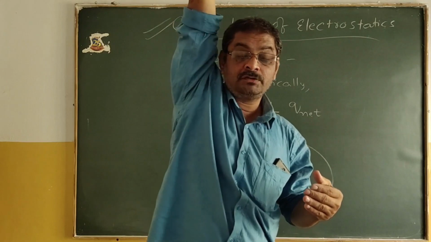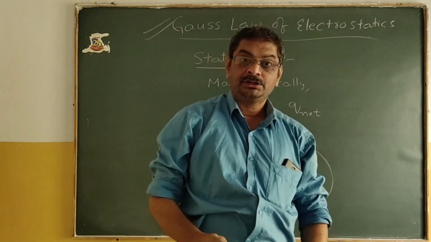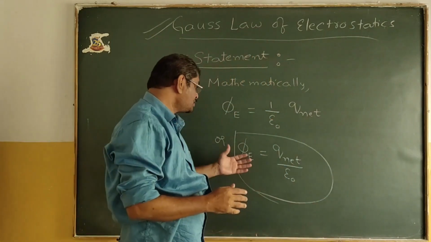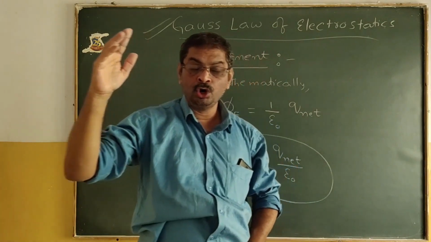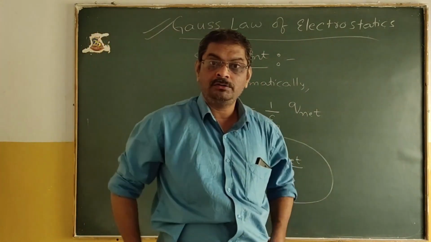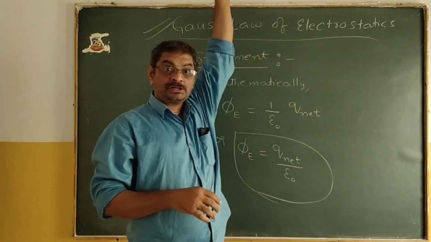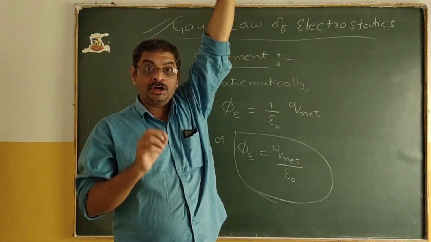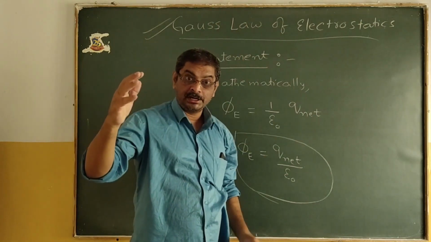That is the reason why I can write the mathematical formula: phi E equals Q net divided by epsilon naught.